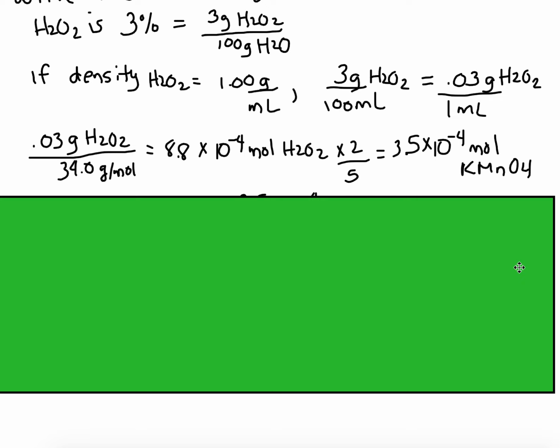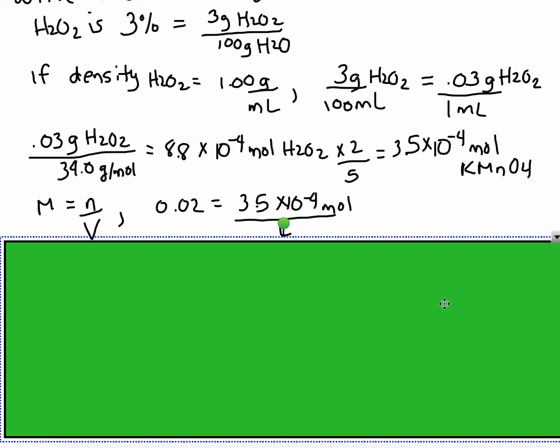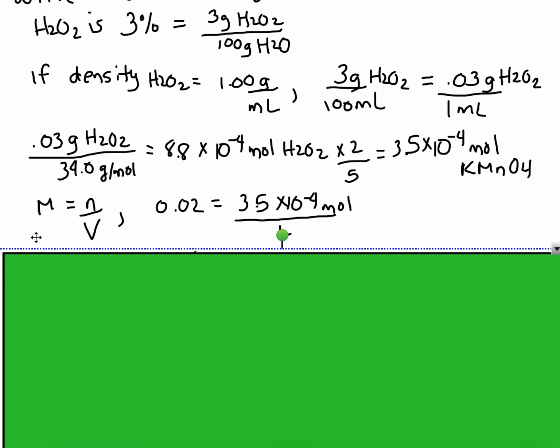Okay. Now, you can either use your standardized potassium permanganate concentration, or because this is just an approximate calculation, you can stick with the 0.02. It doesn't matter. I'm going to stay with the 0.02 because I'm looking for approximate, and just math-wise, it's a little bit easier. I remind myself that the molarity is the number of moles over the volume.